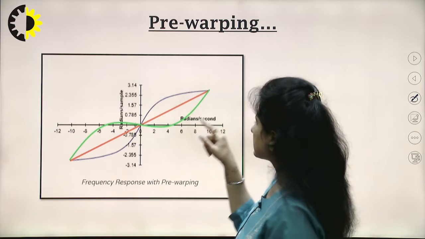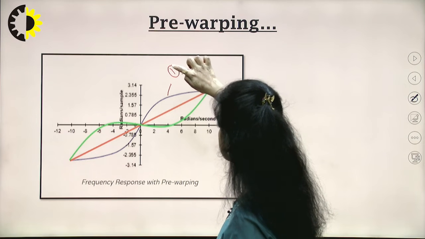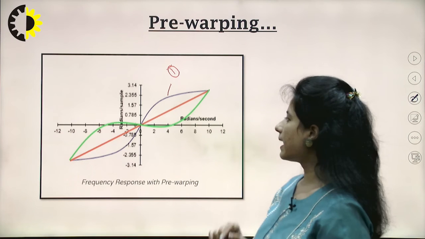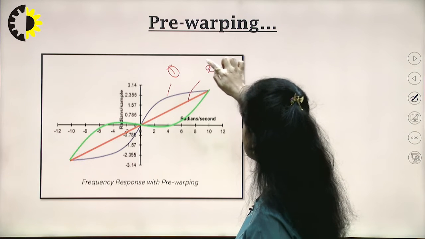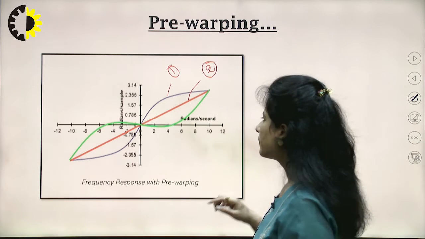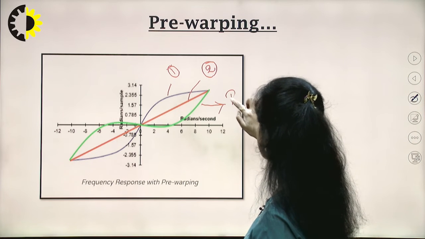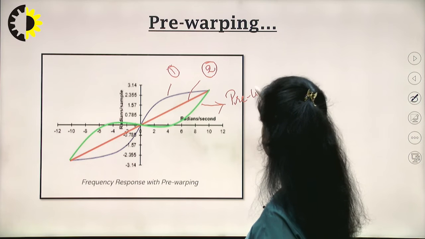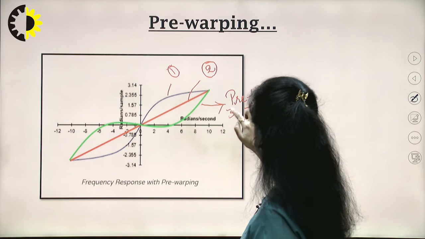So in this diagram, I can see that this first bent curve is a result of bilinear transformation. This is something that I desired, a linear curve, and this is something which would result because of my pre-warping function. Let me name it as 3.